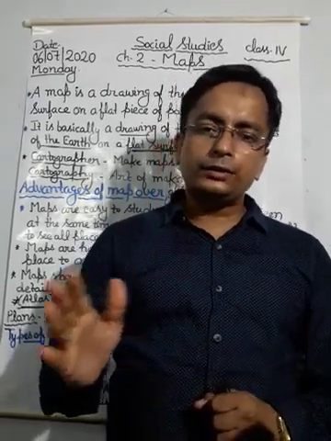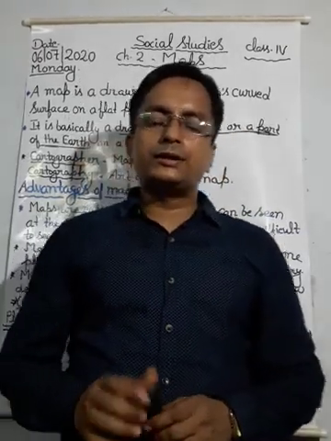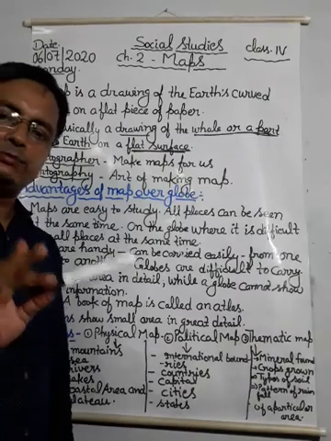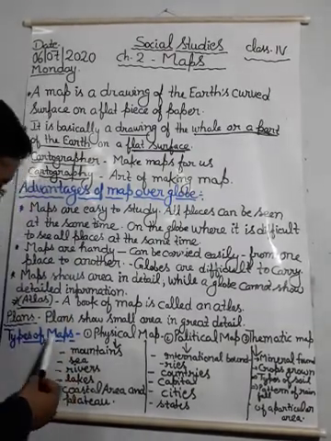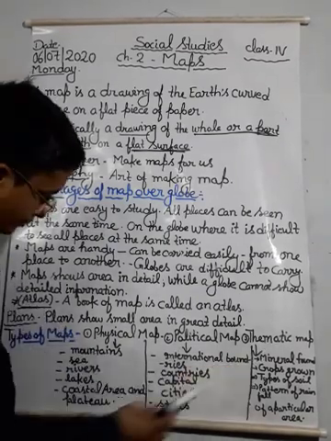There are different uses of these three maps. Let's see how we use these maps in which condition. Types of map: first one is physical map, then political, then thematic map.